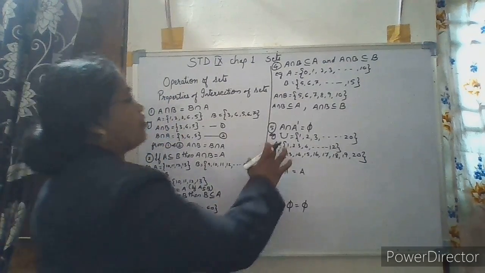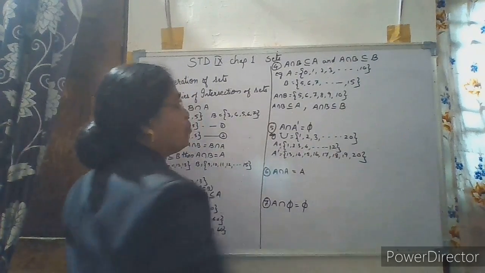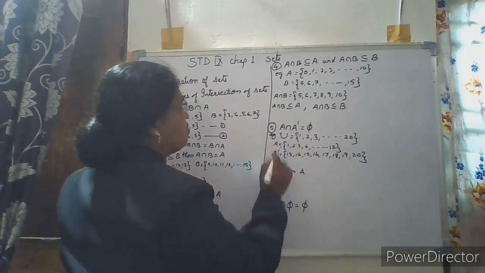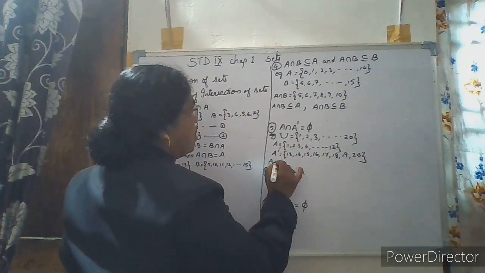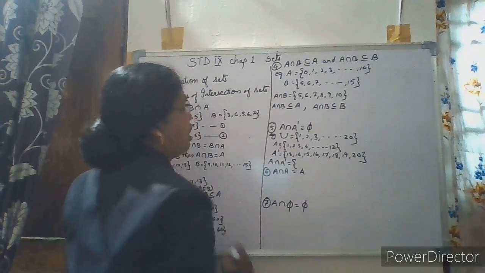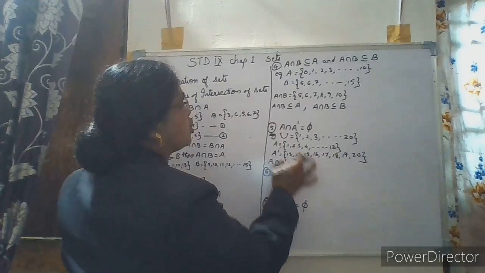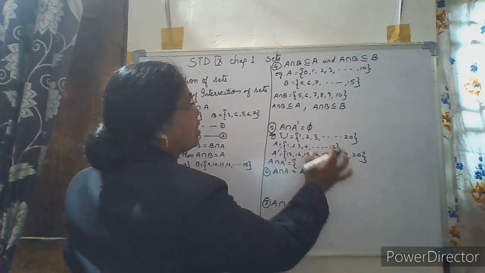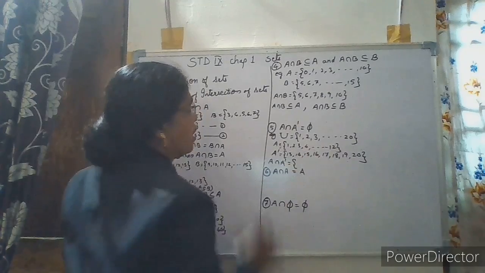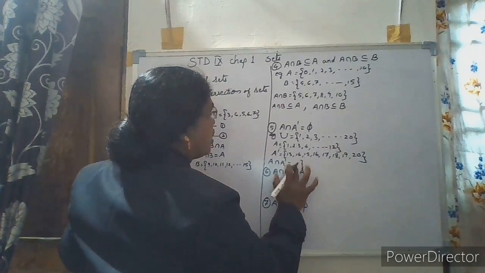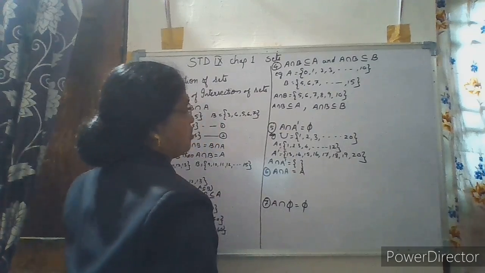Now, I have set A and the complement of set A, so I will find the intersection of these two sets, that is, A intersection complement of A. What are the common elements here? You can see that there are no common elements at all, so it is an empty set.